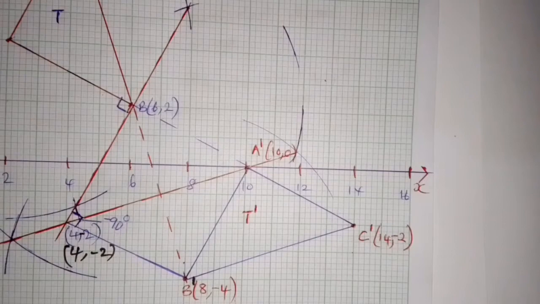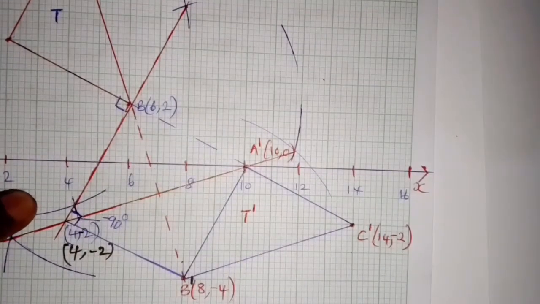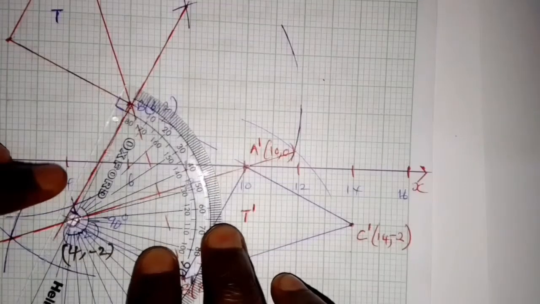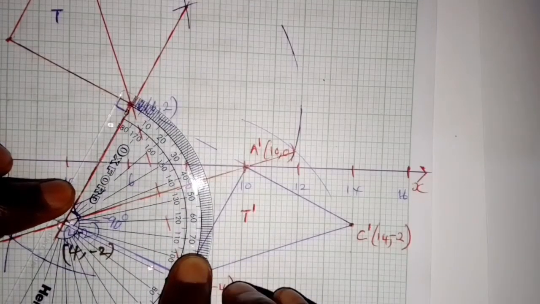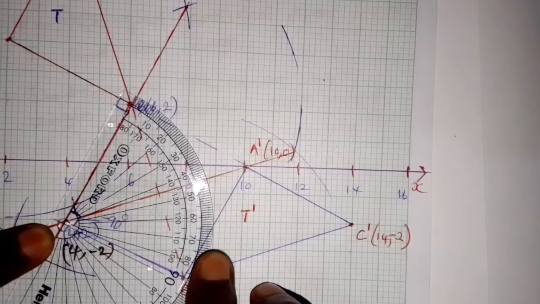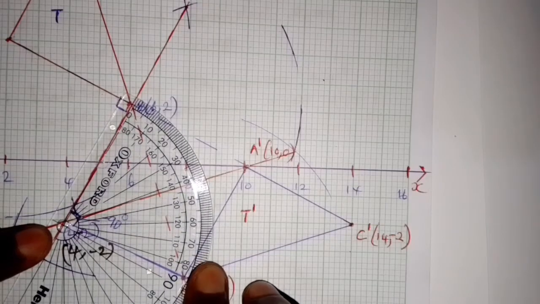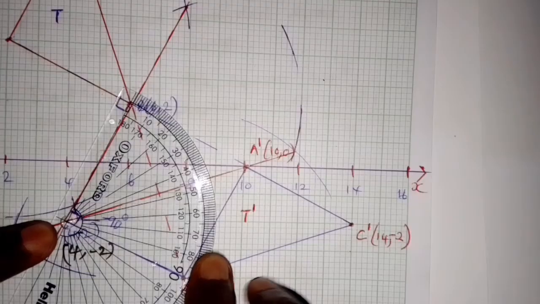So how can we get this angle here? We use this protractor to get the angle. So this is a rotation that has been done in a clockwise direction, so it is a negative rotation. So this is giving us 90 degrees.